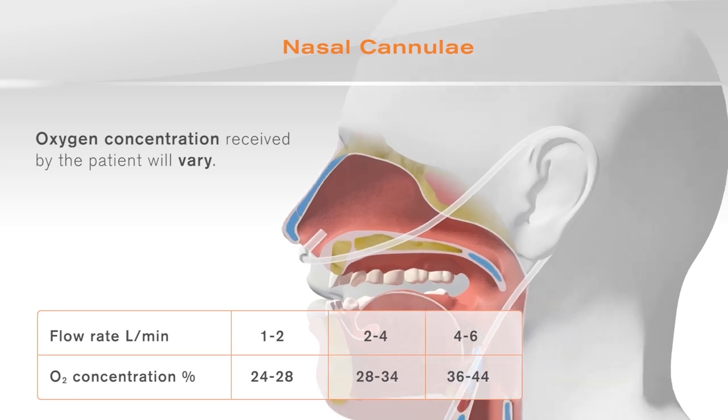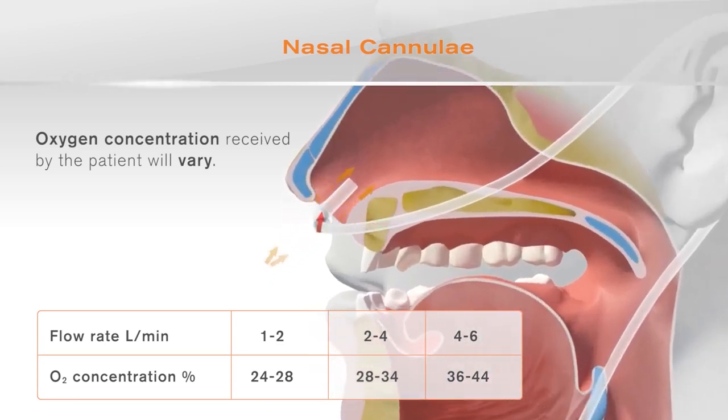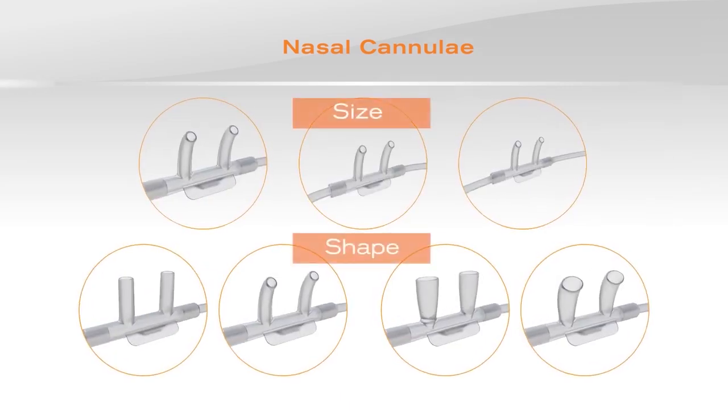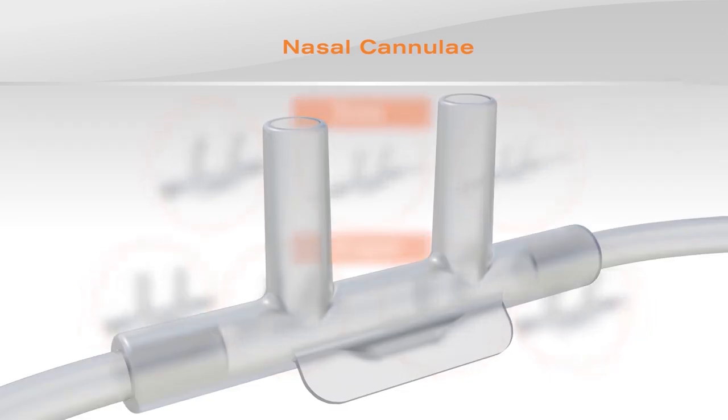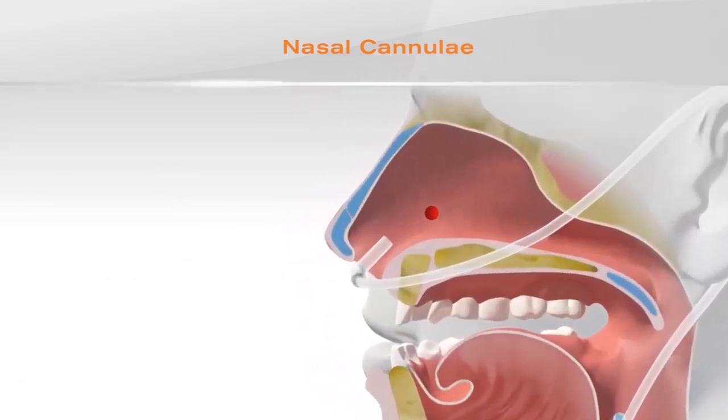However, oxygen flows of 1 to 6 litres per minute will deliver up to 44% of oxygen to most adult patients. There are various sizes available for adults, paediatrics and neonates, and a variety of prong shapes are also available to suit varying circumstances. Straight prongs are the original design, and these are still the most frequently used in hospitals.